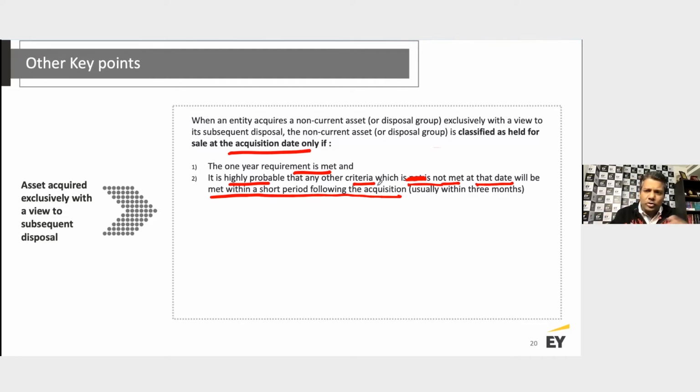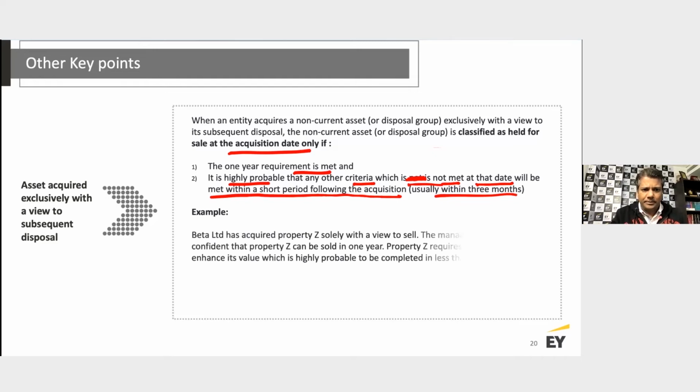Provided you'll be able to sell it in the next 12 months and all other criteria, which you expect to meet: you appointed somebody to look at it, or you started actively marketing it, you're expecting a reasonable price and you're unlikely to change the plan. All of the other criteria are also met usually within 3 months. Okay, let's look at this with the help of an example.